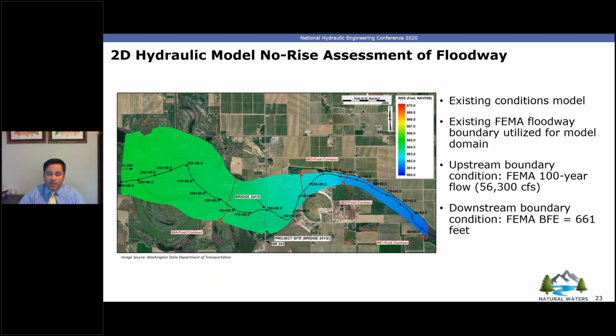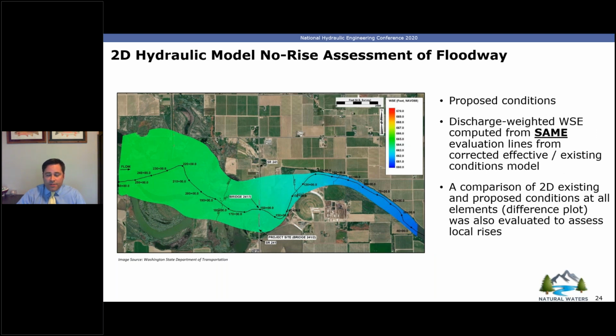So again, the same FEMA FIS 100-year 1% flow was utilized, and then also the BFE was utilized as the downstream boundary condition. This was then run for existing conditions, and then similarly to the floodplain model, the project was placed in this and reran, where the discharge weighted water surface elevations were then assessed at the same evaluation lines as the existing conditions.